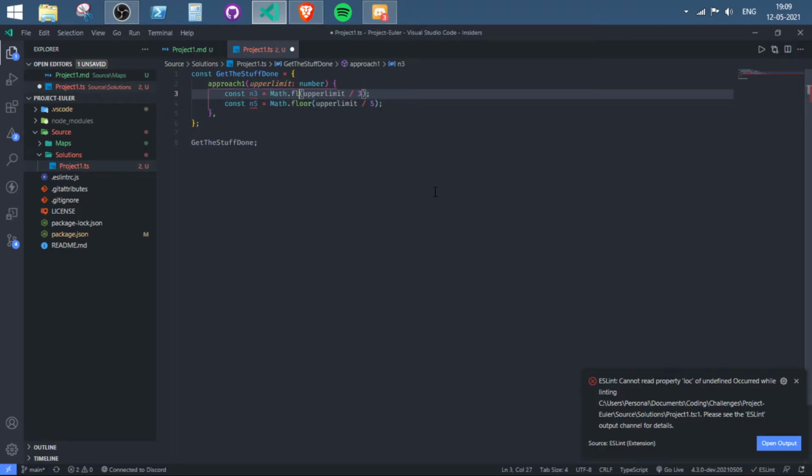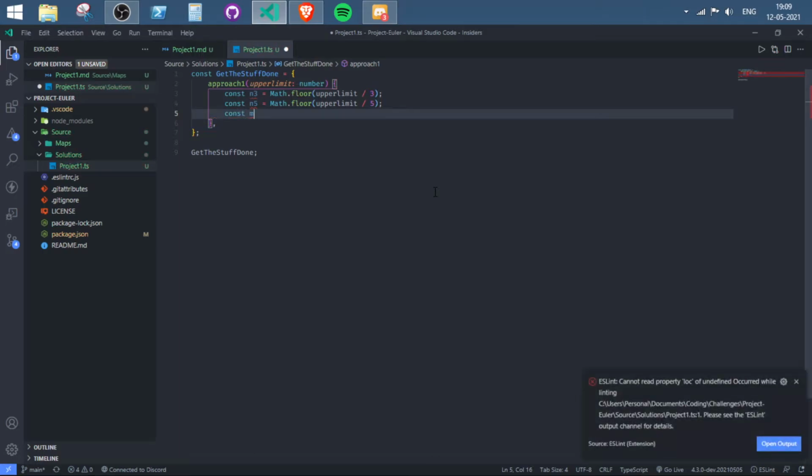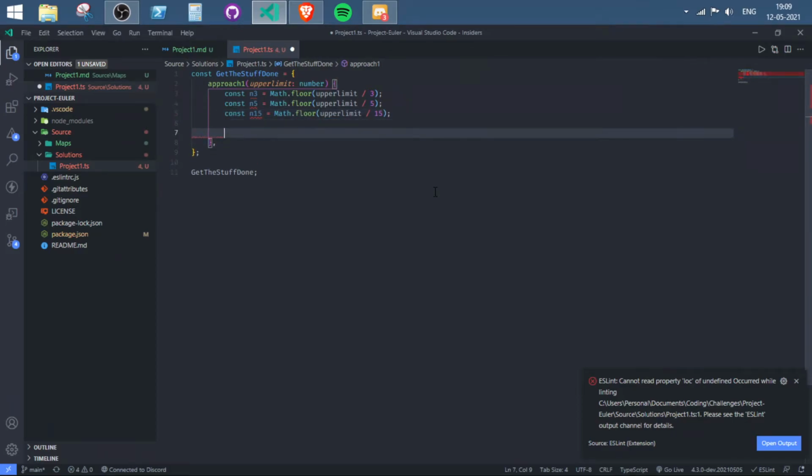So it is just gonna give us the n. And then we are gonna do const n15, again n15 equals math.floor upper limit by 15. That gives us the basic n.